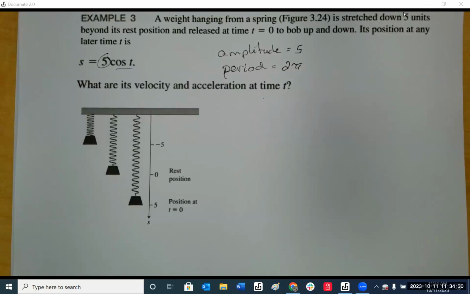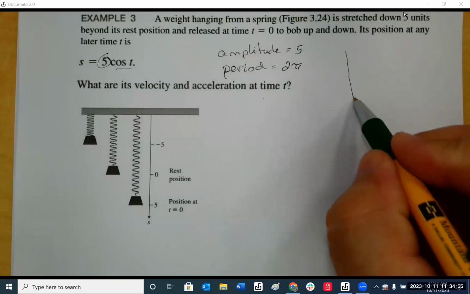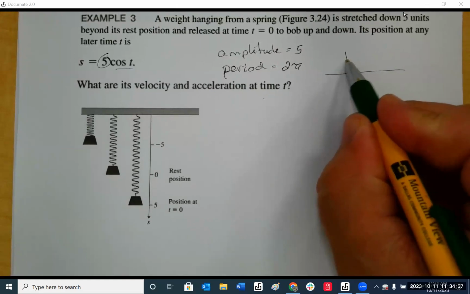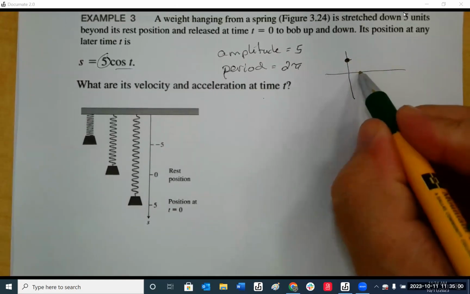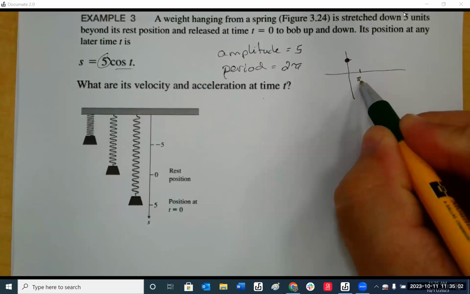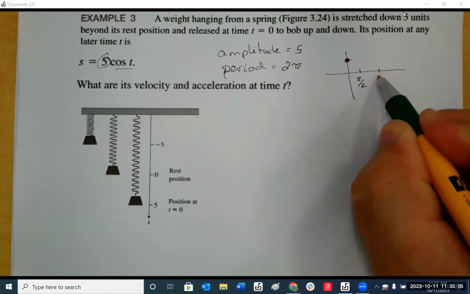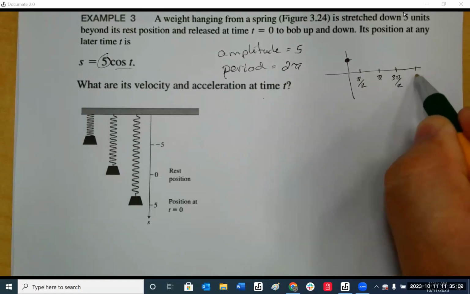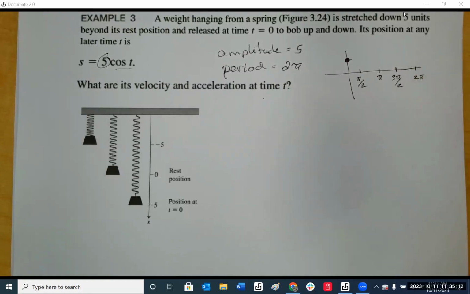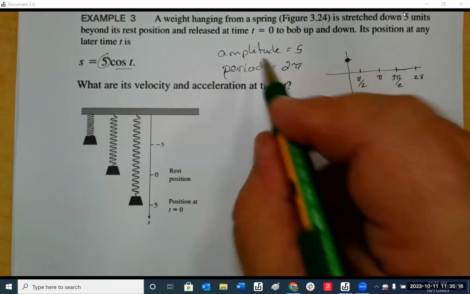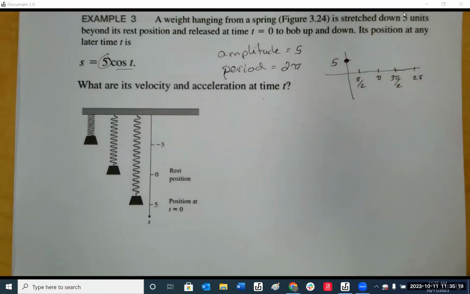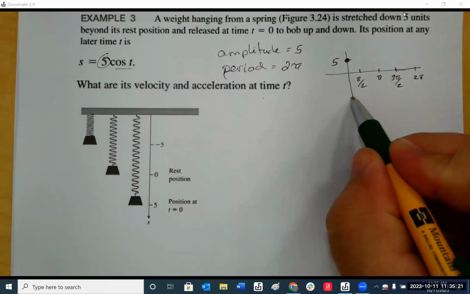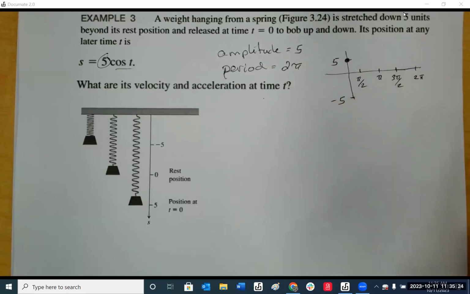Cosine of 0 equals 1. So at 0, it equals 1. We have pi over 2, pi, 3 pi over 2, 2 pi. So let's draw the graph. Since its amplitude is 5, it's going to be 5, and down here will be negative 5.